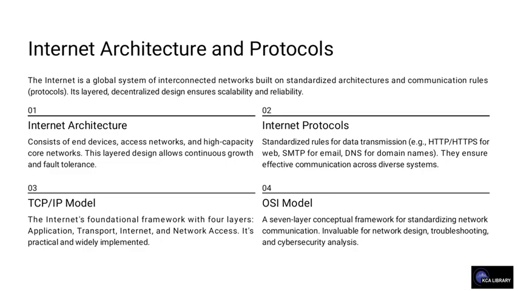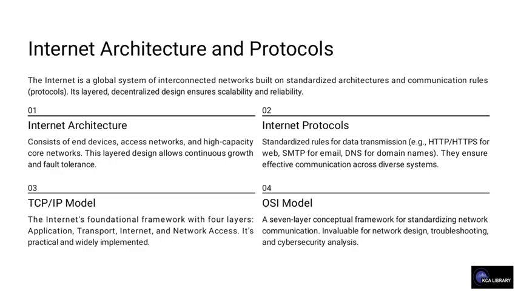Internet architecture consists of end devices, access networks, and a high-capacity core network. This layered design allows continuous growth and fault tolerance. Internet protocols, like I said, are standardized rules for data transmission, and they ensure effective communication across diverse systems.